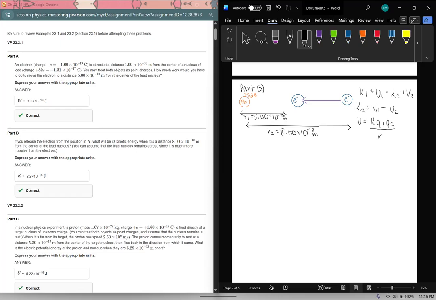So substituting the potential energy equation into the conservation of energy equation is going to give us the final kinetic.